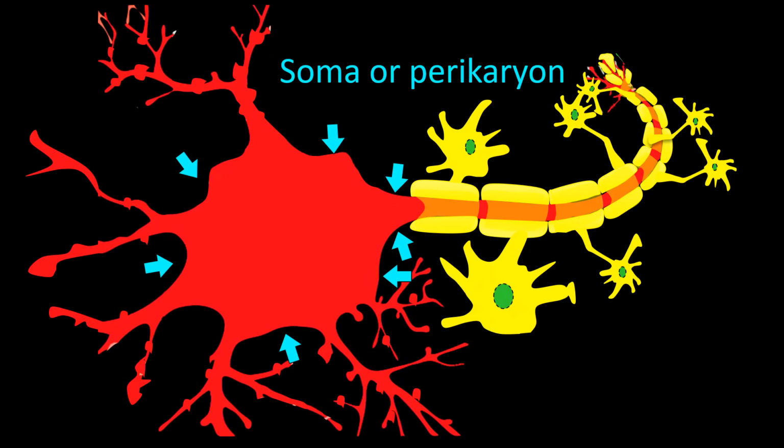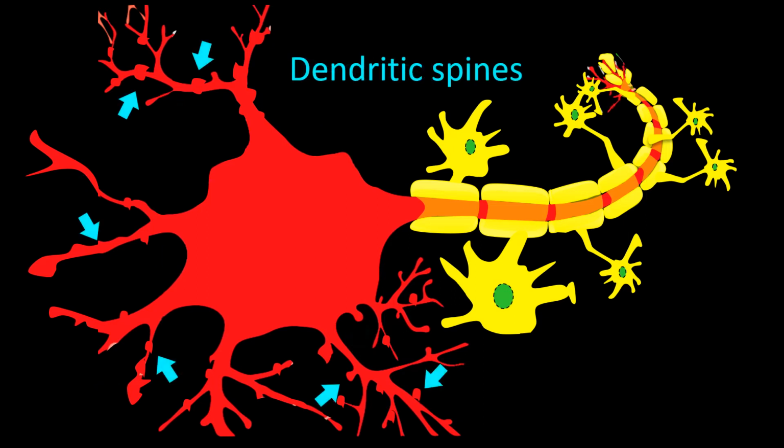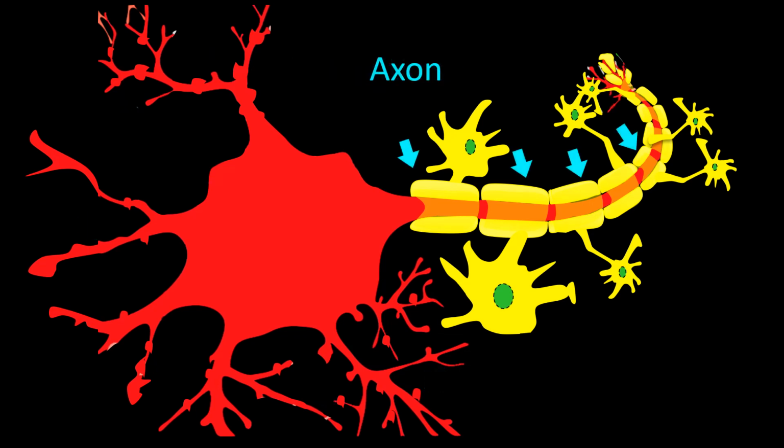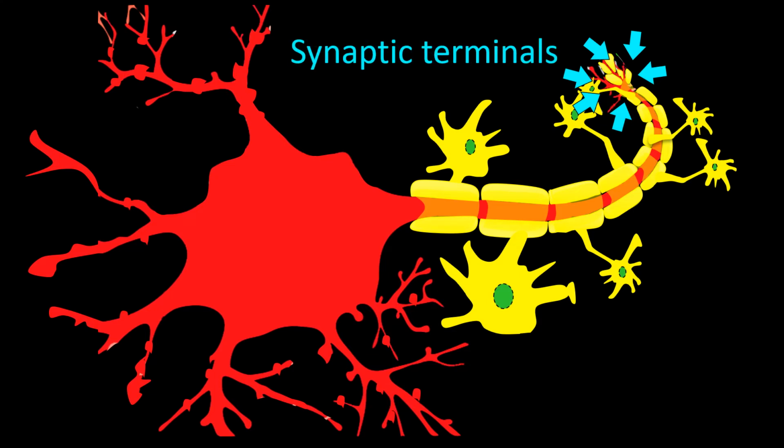Were we to strip the neuron from all these synapses, then we would see the body of the neuron, referred to as soma or perikaryon, and the dendrites with the spines, which are sites of axodendritic connections, the axon, and the terminal segment, also known as synaptic terminals.